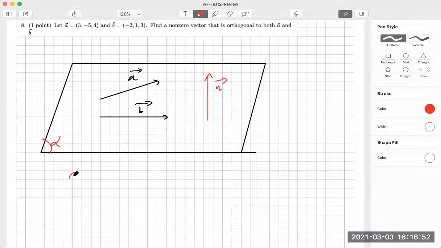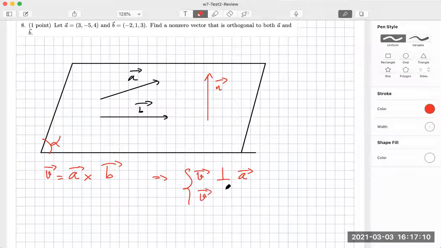A cross B will become, let us call it the vector V. Then vector V will be perpendicular to vector A, and vector V will be perpendicular to vector B. This is the property of the cross product.